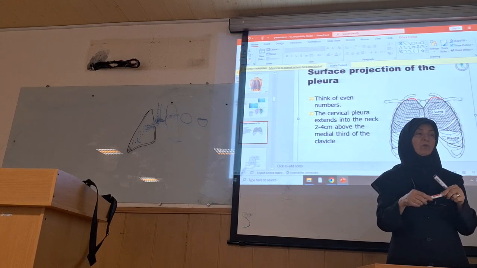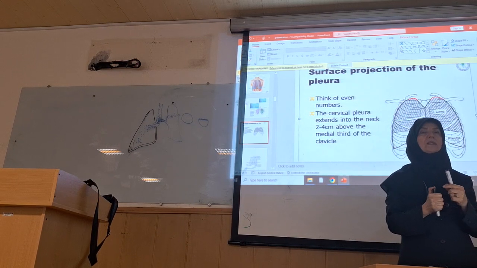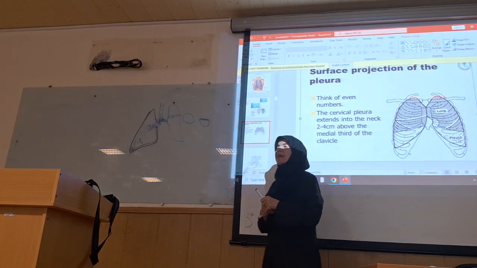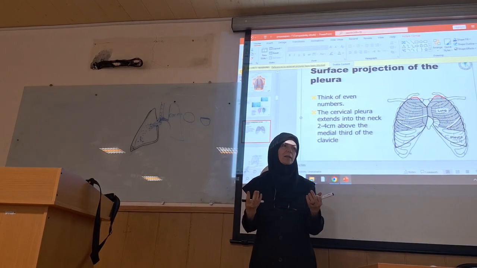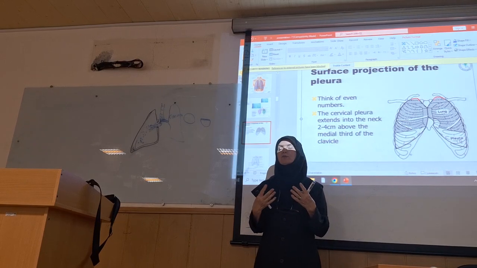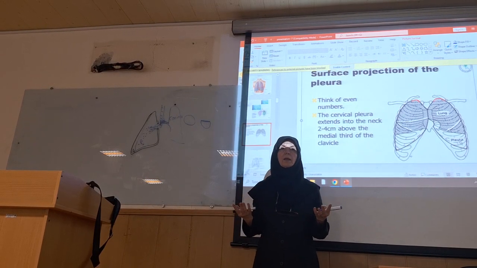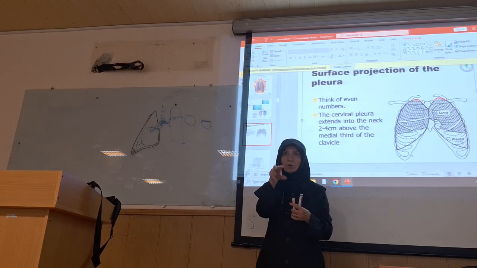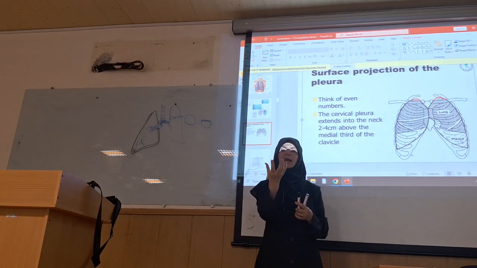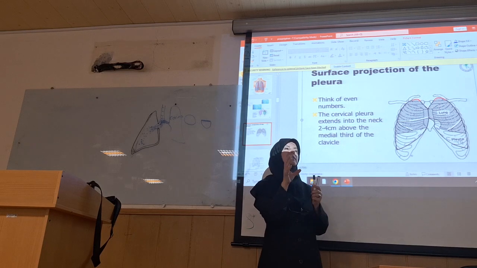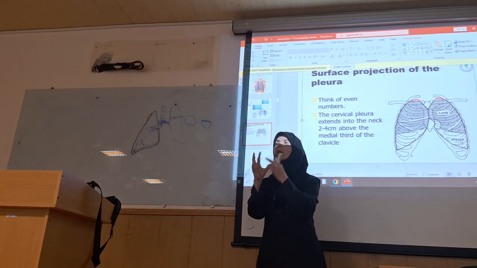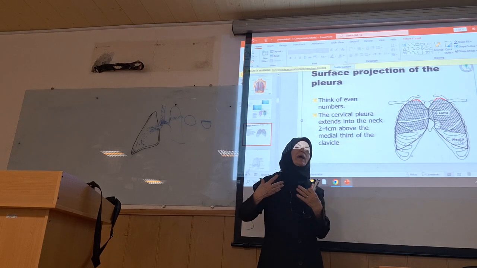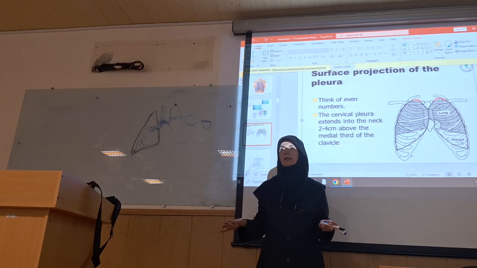In some movies, if you notice, you can find that the doctor explains to the patient that you are not able to breathe normally because accumulation of fluid inside your pleural cavity is going to compress your lung. I'm going to remove this extra fluid to help you breathe normally.